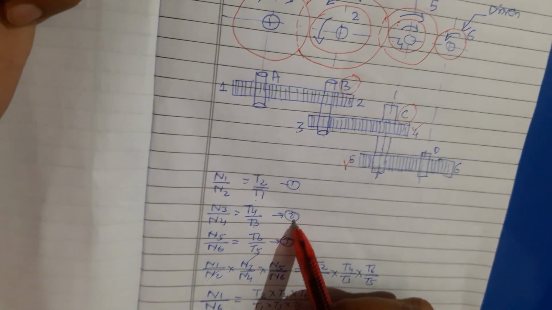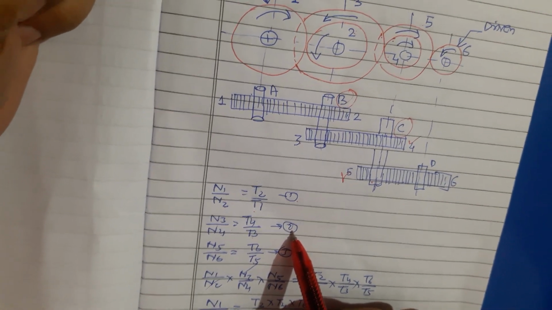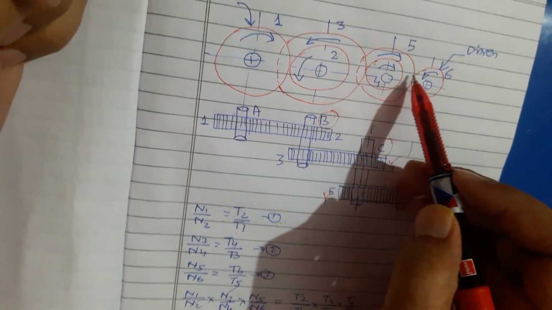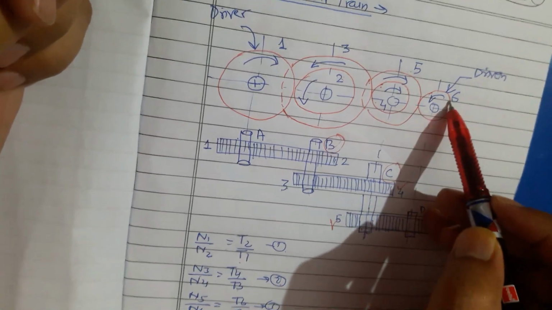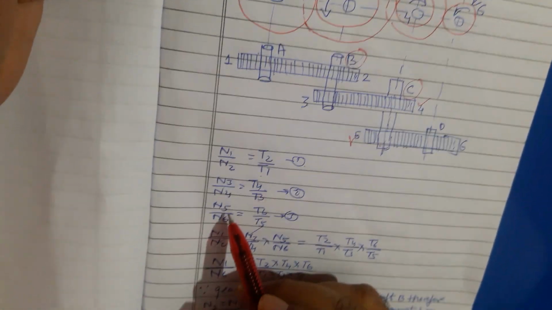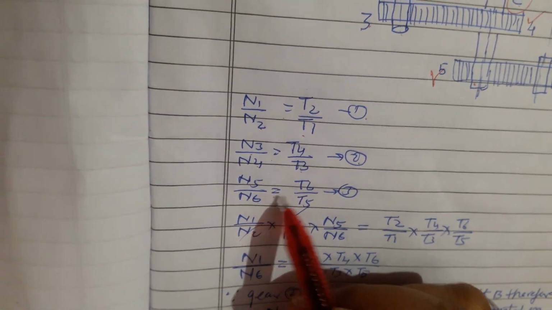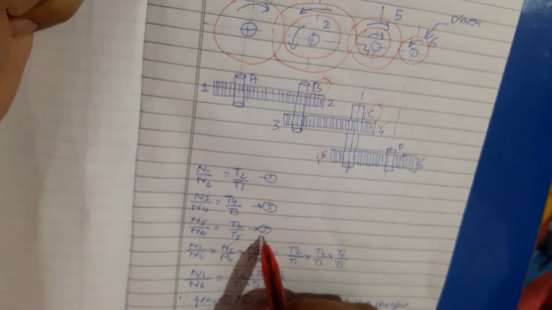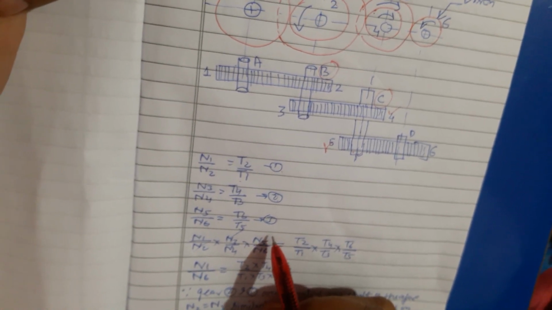This will be equation number 2. Same as gear number 5 is directly connected to the driven gear, gear number 6. That means N5 upon N6 equals T6 upon T5, and this will be equation number 3.